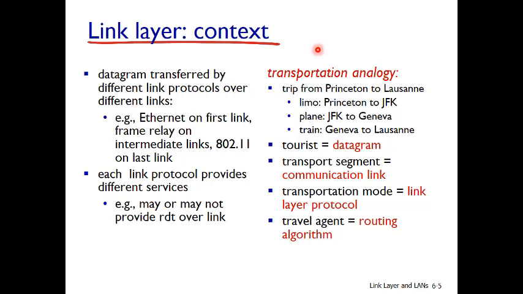So the tourist who is taking this trip is the datagram, and each transport segment, whether it's the limo, the plane, or the train, is a communication link. Then the mode, how I traverse those different links, would be the link layer protocol. And then let's say I went to a travel agent to plan my trip. That would be an example of the routing algorithm.